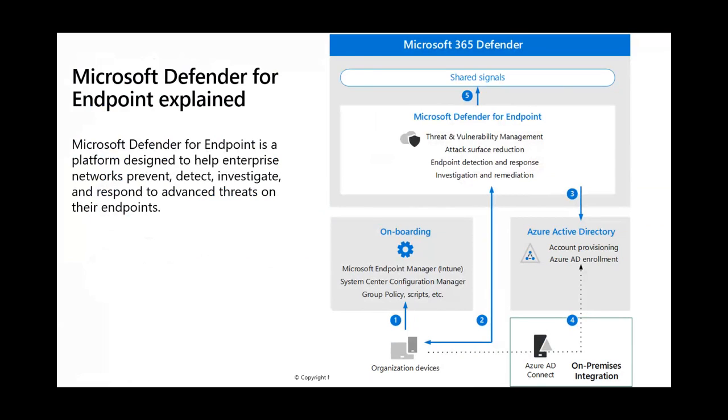So Defender for Endpoint is a platform designed to help the enterprise network to prevent, detect, investigate, and respond to advanced threats in their endpoints. Yeah, that would be the main goal.